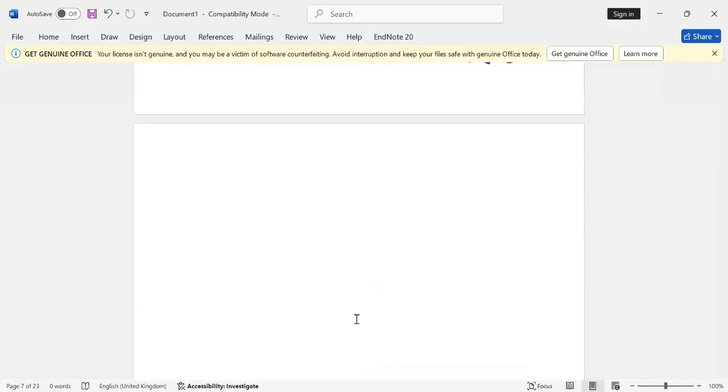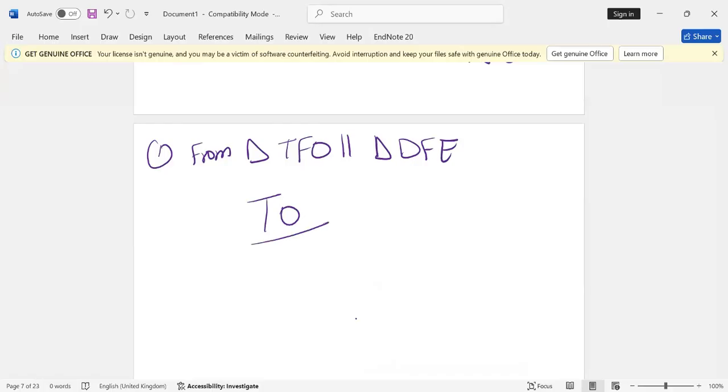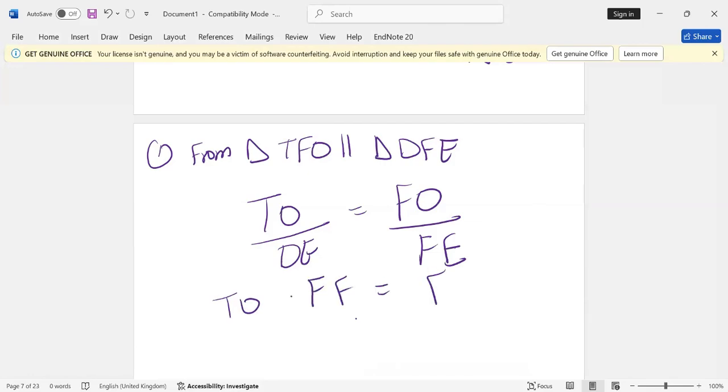The first point is from triangle TFO similar to triangle DFE, we say that TO by DE equals FO by FE. And you can write it like that: TO dot FE equals FO dot DE.